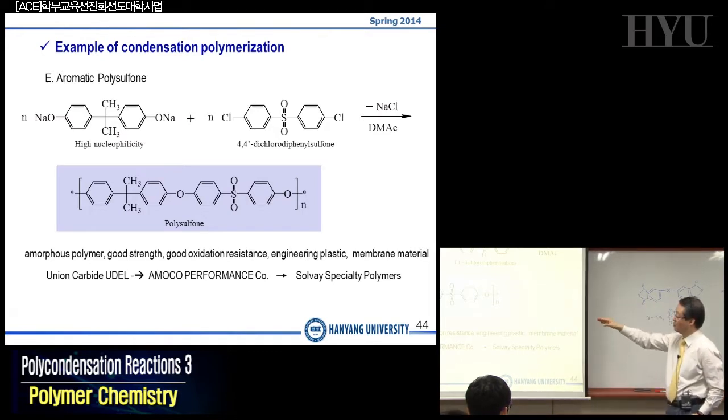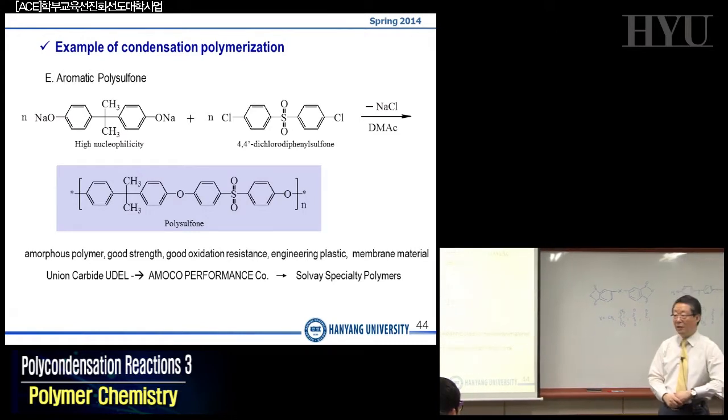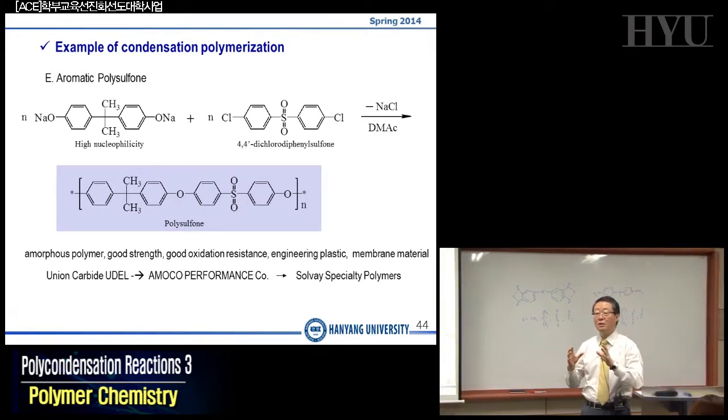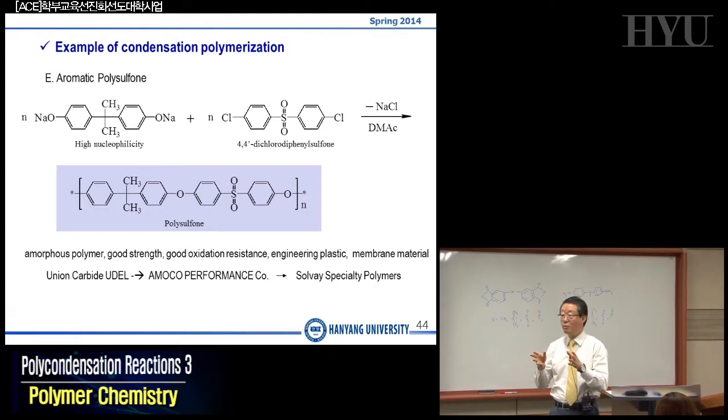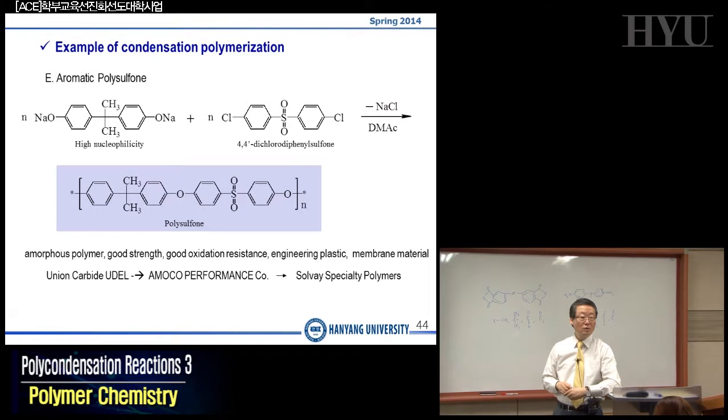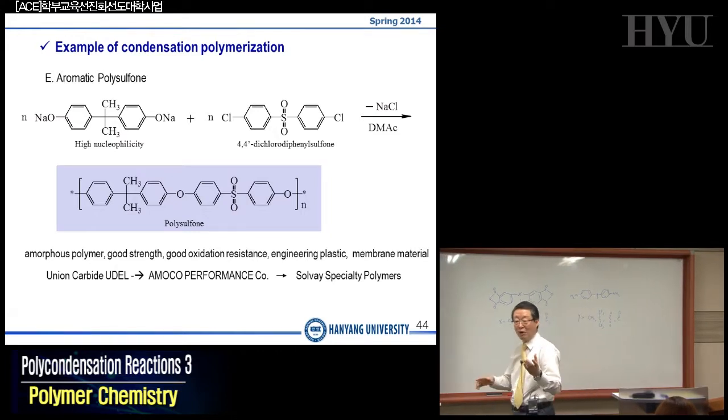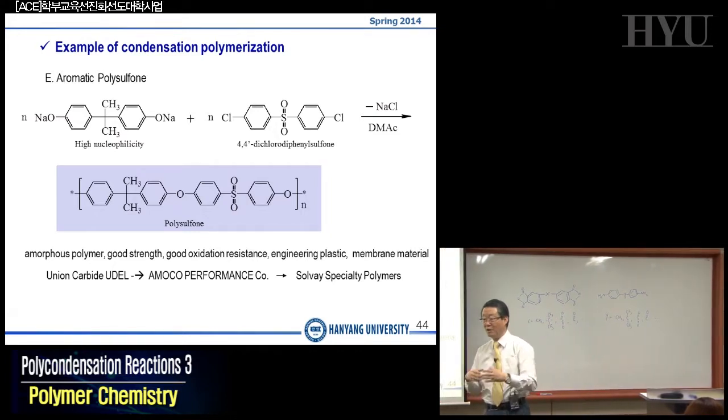And this polysulfone is widely used as engineering plastics, okay? Meaning that it has a very high strength compared with the aliphatic polymers, so polysulfone can be used to make plastics for special purpose, or a large quantity of this polysulfone was used as a membrane for separation purpose. Well, you have a water purifier in every household.